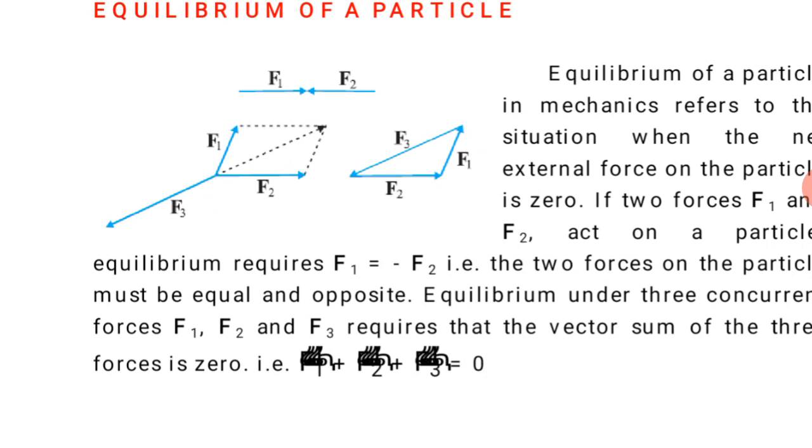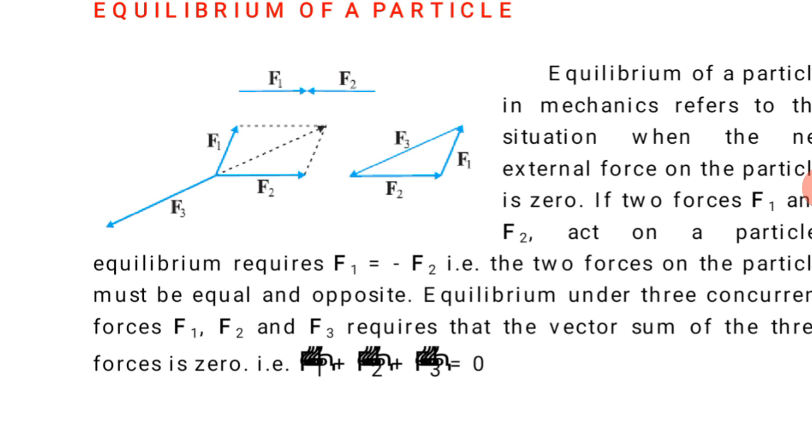Here the dotted line, the diagonal in the second figure, gives the magnitude and direction of these two forces, that is F1 plus F2. So to make the body be in equilibrium, you have to add one more force.